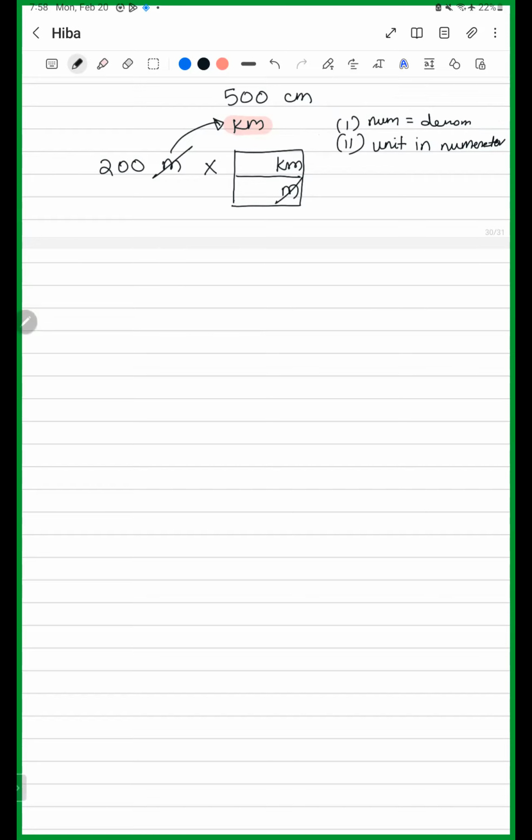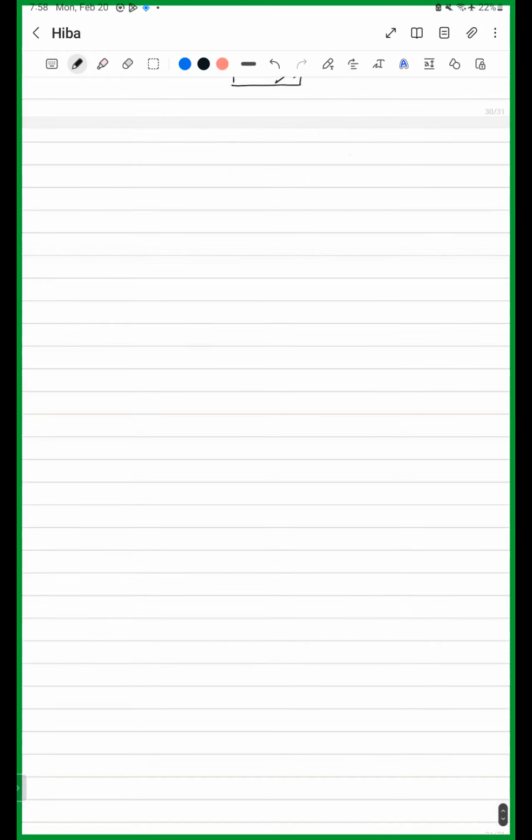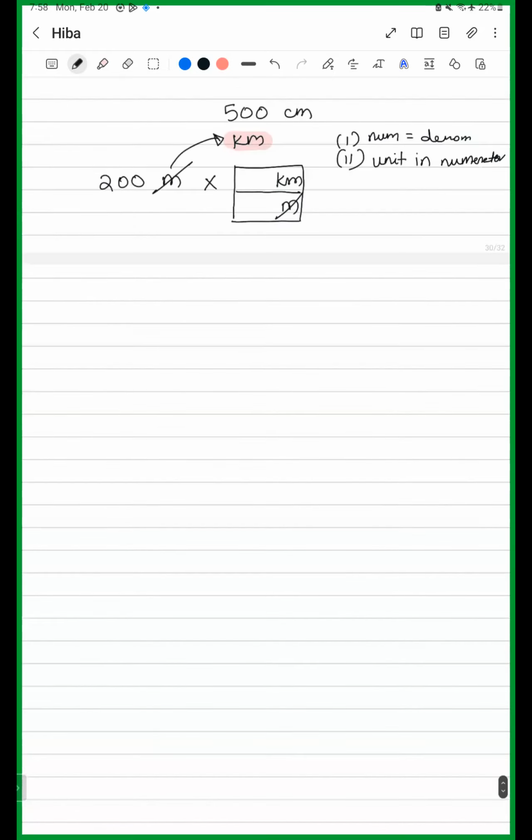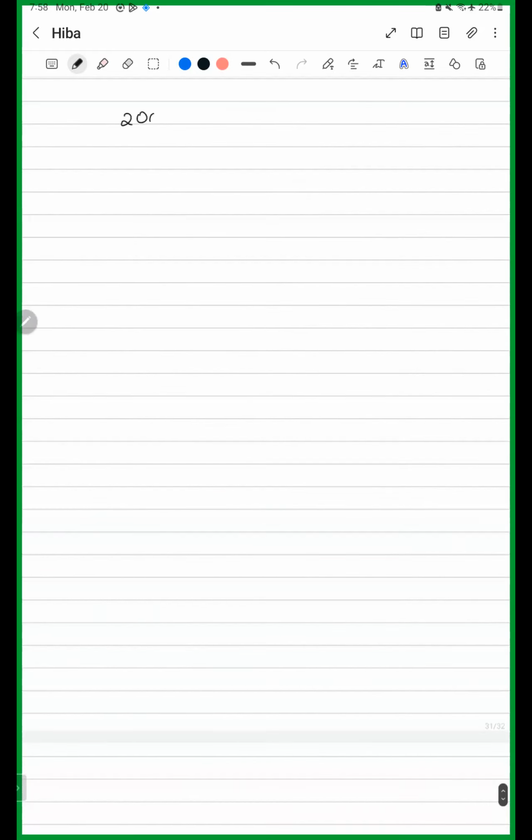So Hiba, what we are going to do is we have 200 meters. We are going to multiply it with such a fraction that this fraction will give you 1, okay? You cannot multiply it with 4/2. Why? Because 4/2 will not get cancelled, you will get 2.